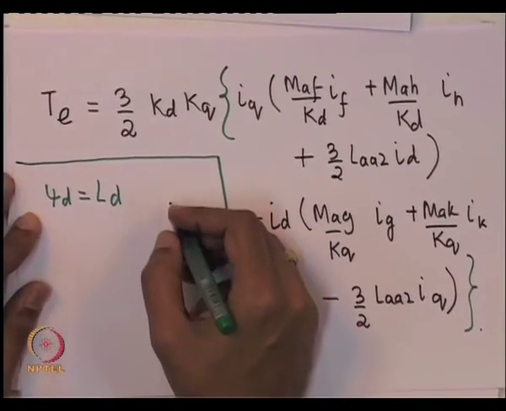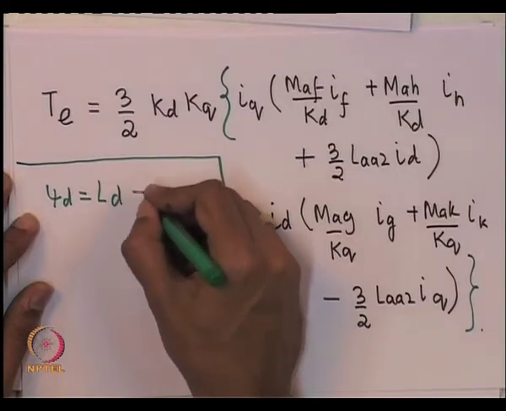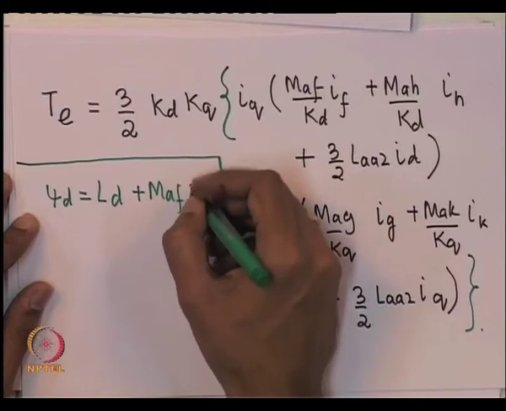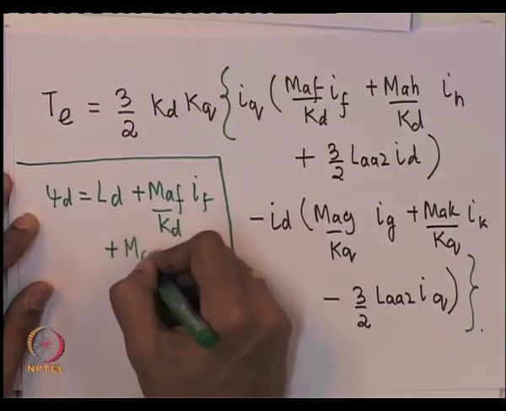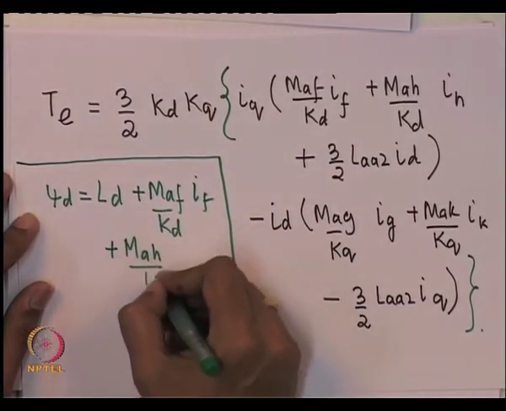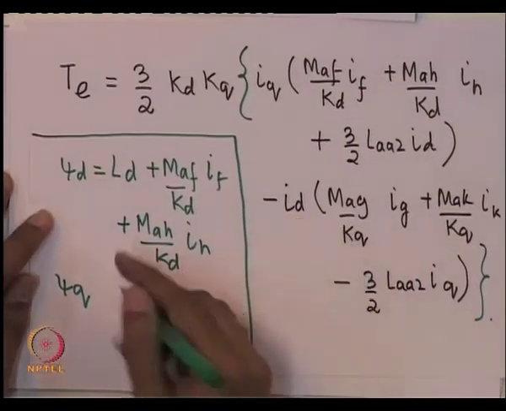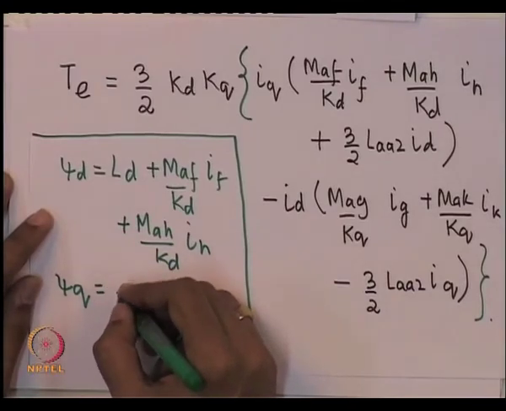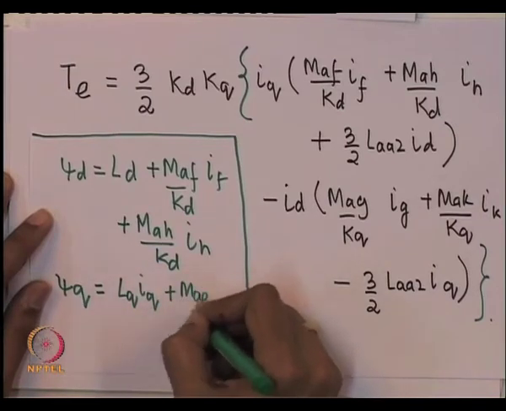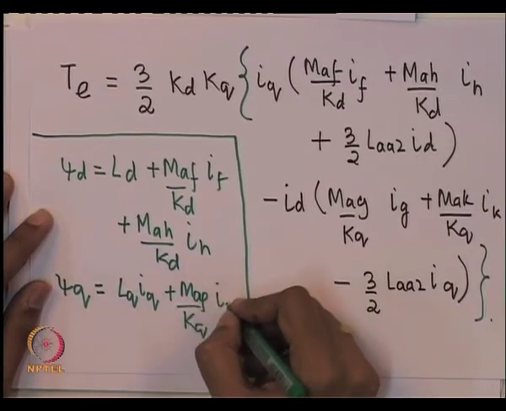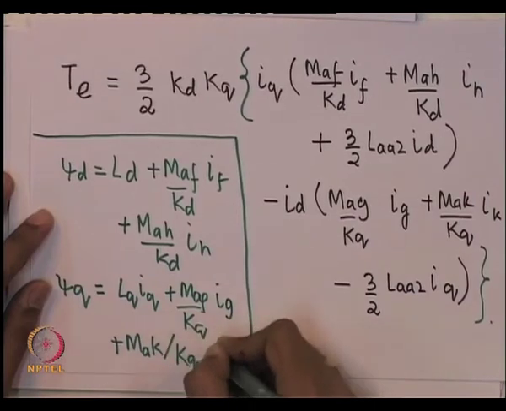Psi d is equal to Ld Id plus MAF IF by Kd plus MAH by Kd IH, and of course, psi q is nothing but LQ IQ plus MAG by KQ IG plus MAK by KQ IK.